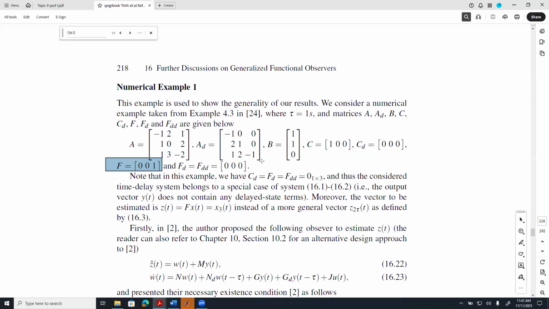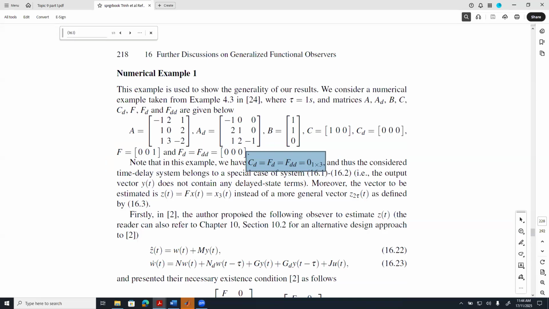So that's a specific situation, a special case discussed in this topic. Okay, so that's basically what the functional is. It's just the state variable x3 that we would like to estimate.